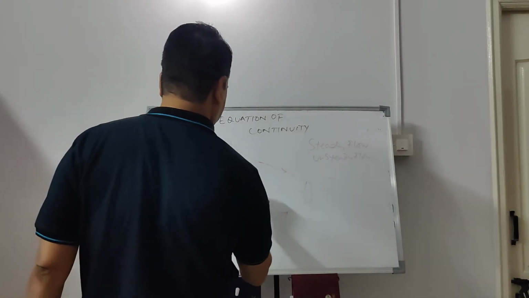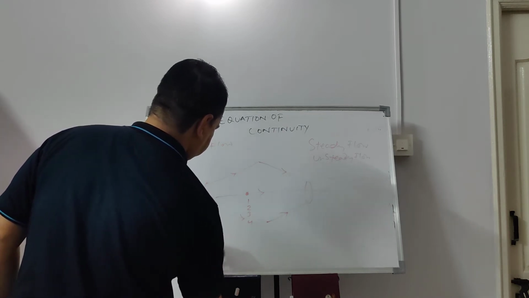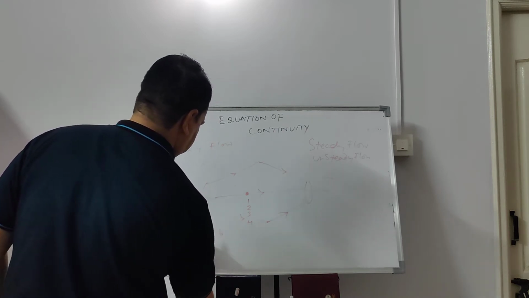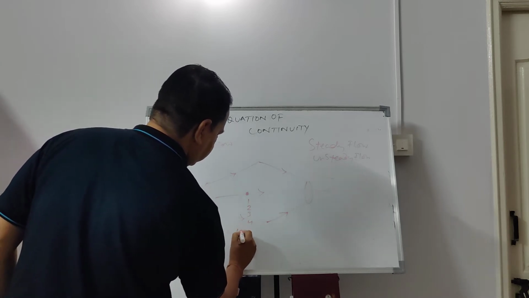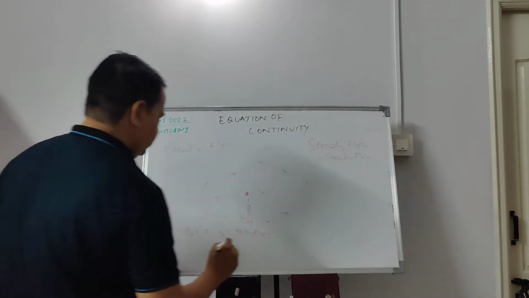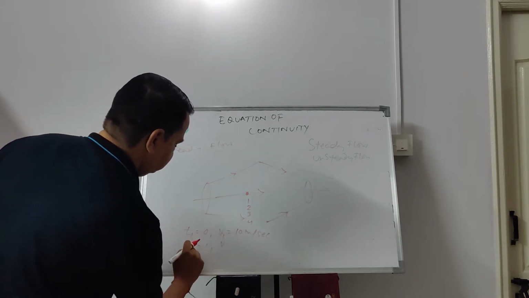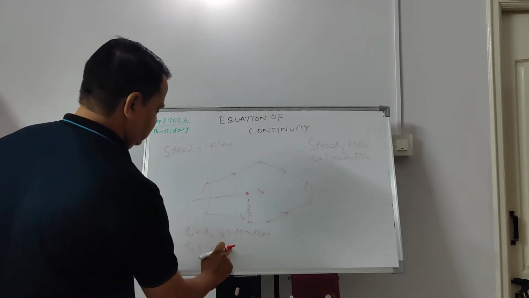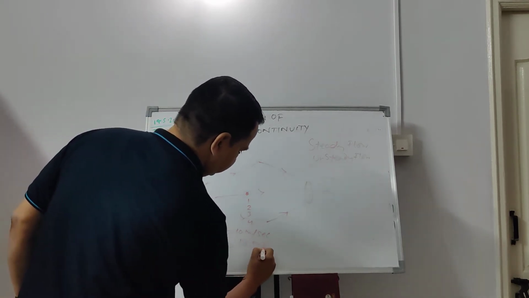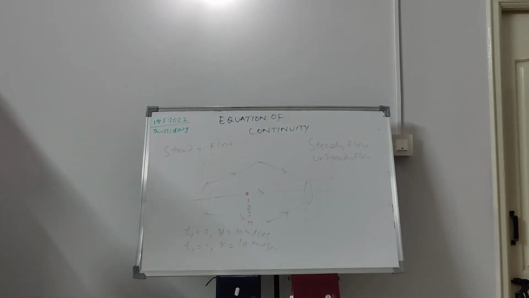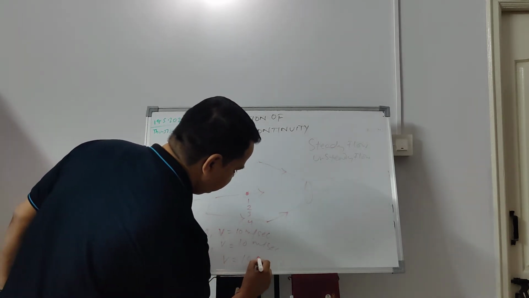So let us say at time t1 equal to 0, my velocity v1 is 10 meter per second. Then at time t1 equal to 1, my velocity is again 10 meter per second, and at time t2 equal to 3, my velocity is again 10 meter per second.